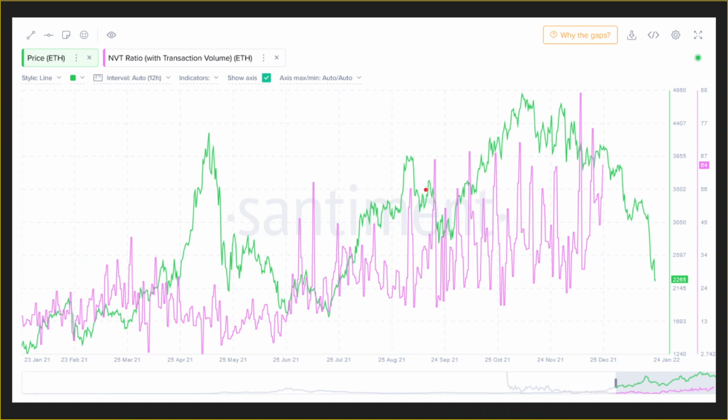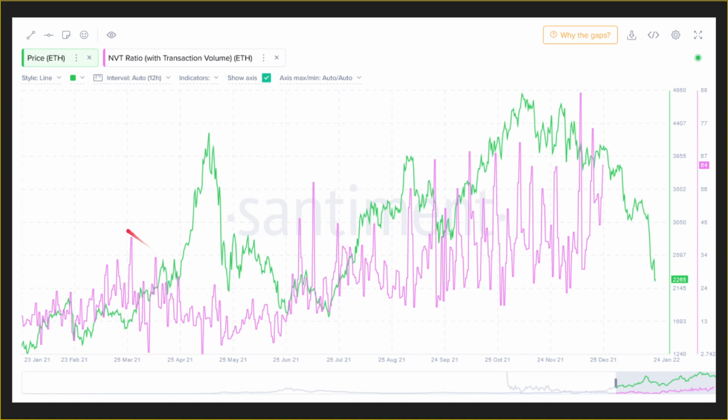Here's the same chart with Ethereum, and this essentially follows most of the same principle, where we do see here in April a massive spike in Ethereum's valuation to about 4,000 per Ethereum. And while this price is going up, we do see the overall NVT ratio decreasing.